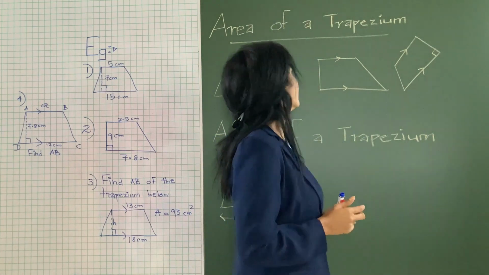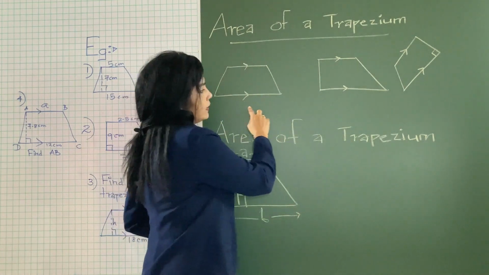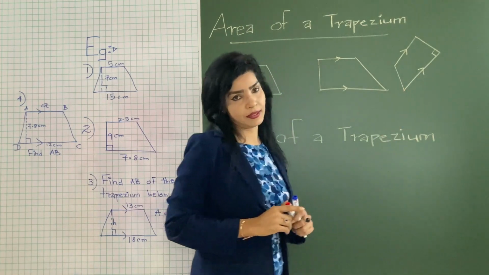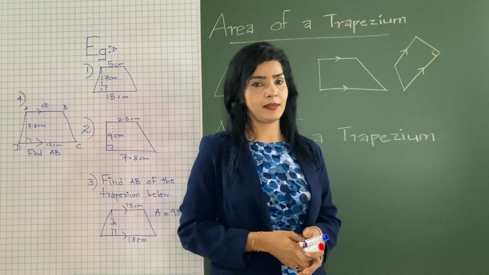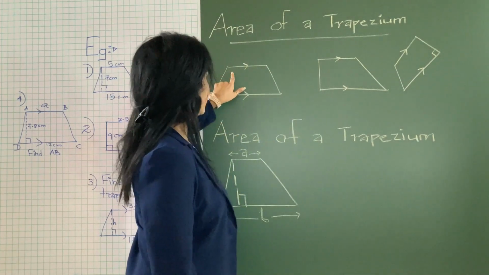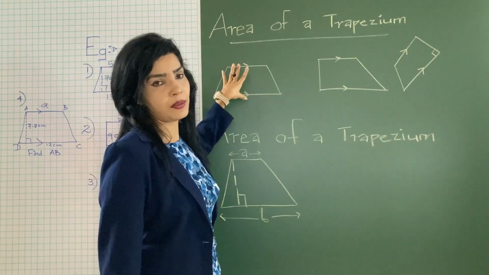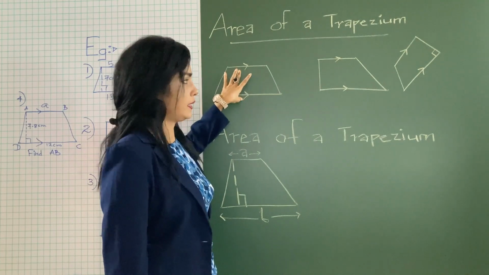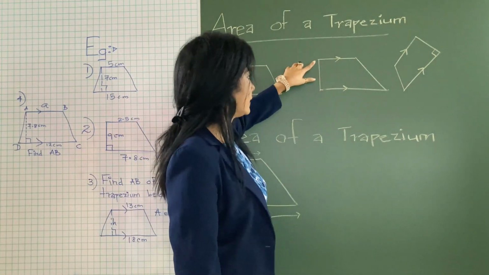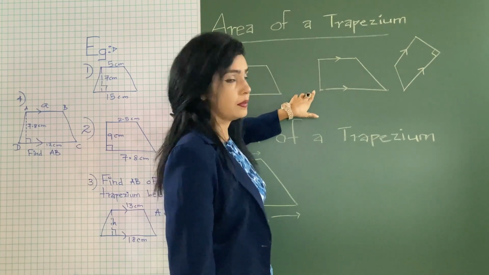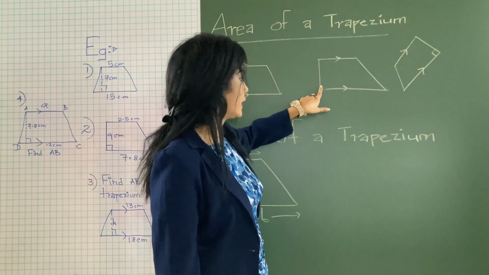Okay, so I have drawn three trapeziums at first for you to understand basically what is a trapezium. So here also you can see that there is one pair of parallel sides. Here also one pair of parallel sides, and it is also having a perpendicular height or a right angle here.